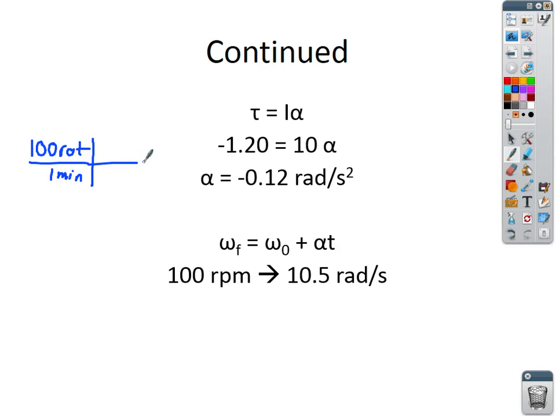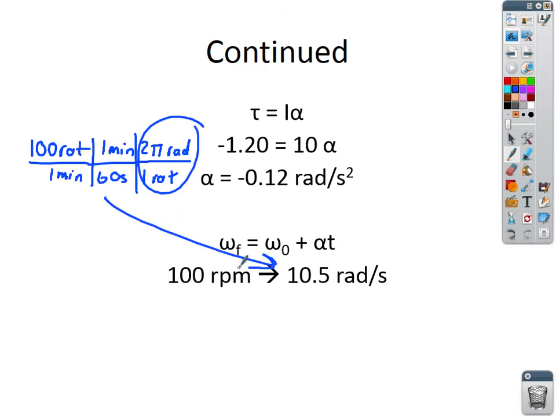First the seconds: 1 minute is 60 seconds. Then rotations: one rotation is always 2 pi radians. That is the conversion I think some people forget. That's where I'm getting the 10.5, because this is close to 600, since 6.28, basically 628, divided by 60.